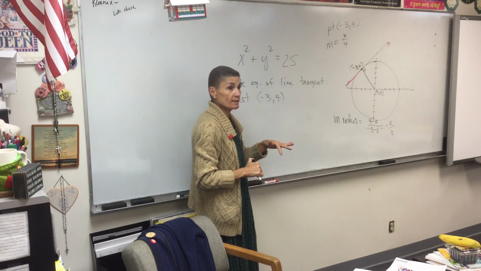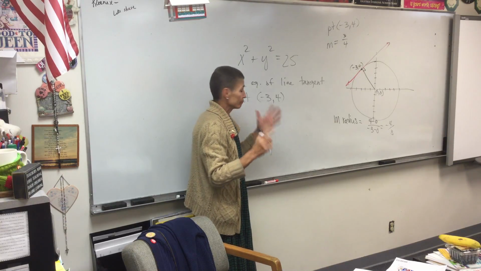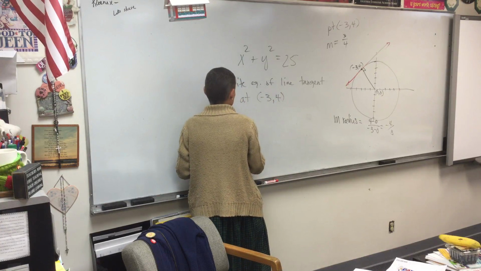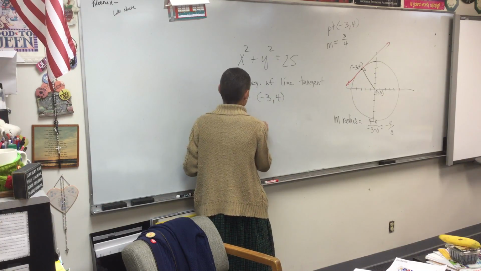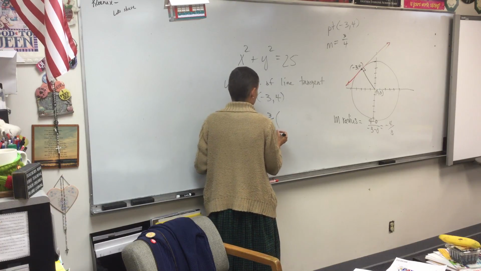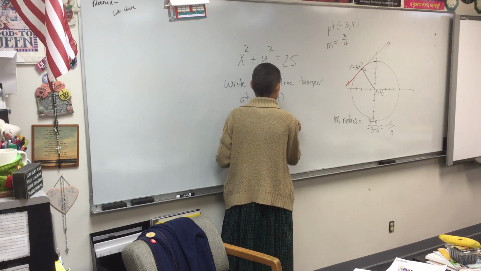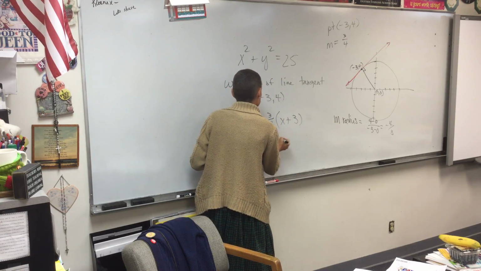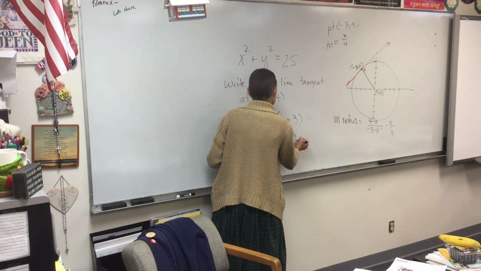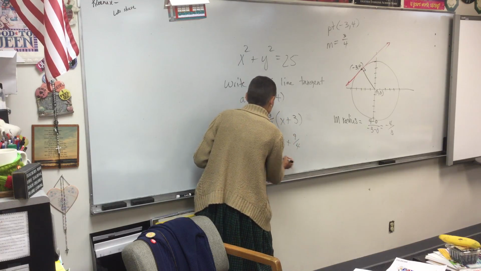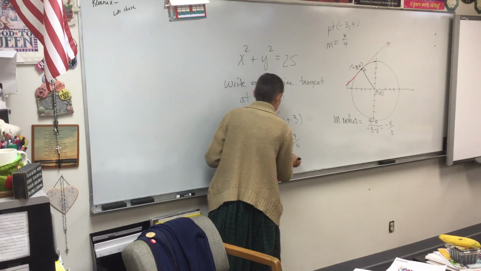Now, your job is to write the equation of the line. I don't care point slope or slope intercept. I'm a point sloper, so I'll use point slope. y minus y1 equals m times x minus x1. So I end up with my answer being, let's see, 9/25 maybe?